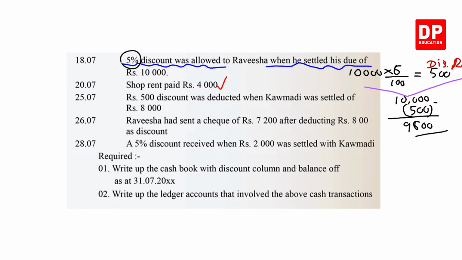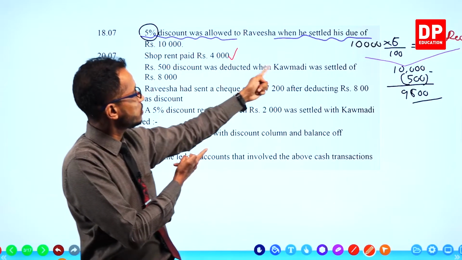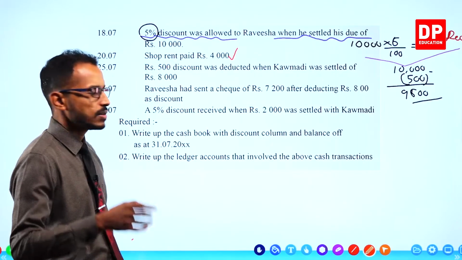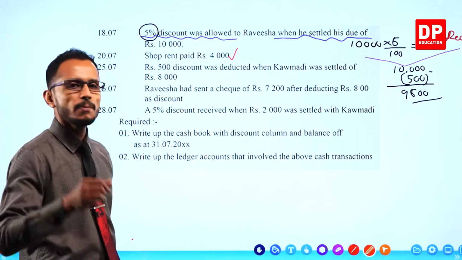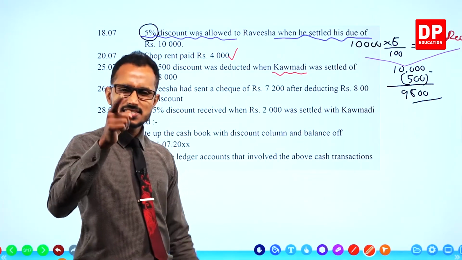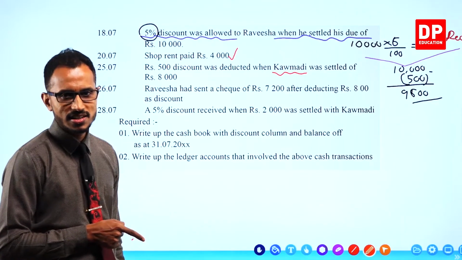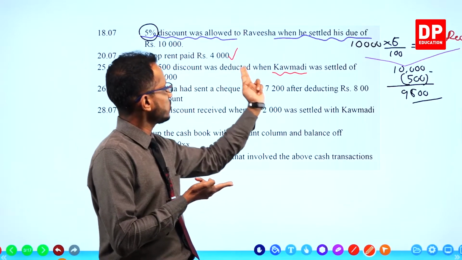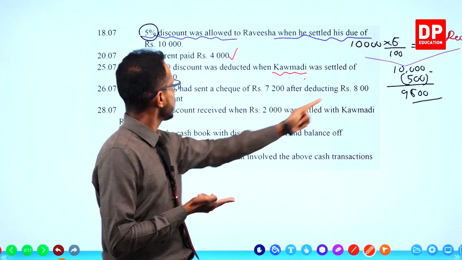Next one. 500 discount was deducted when Kaumadi was settled. Again, a payment to Kaumadi. We did just the same transaction earlier. 500 discount was deducted when Kaumadi was settled, 8,000.